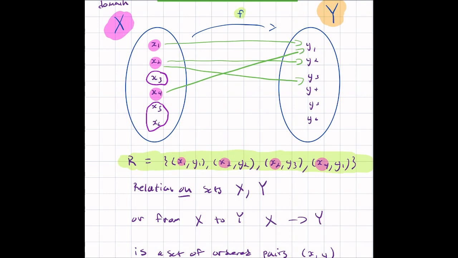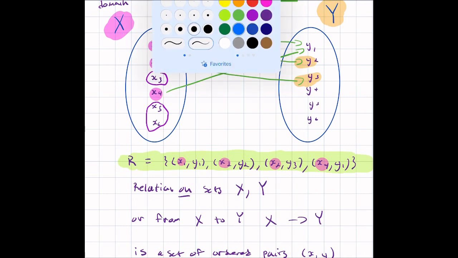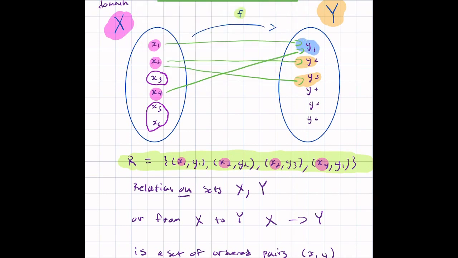Okay. I did this specifically to illustrate the problem, so we can see that x2 gets sent to y2 and y3. This is what makes it not a function, right? It sends the same thing to two places. I was very particular about sending x1 and x4 to the same place. It's fine to send two things to the same place. You just can't send one thing to two places.